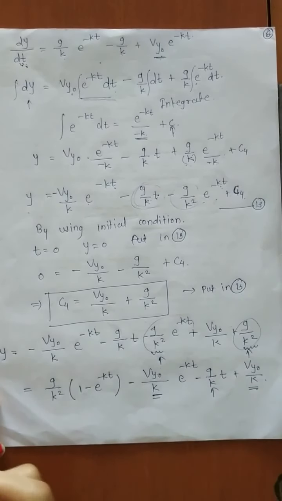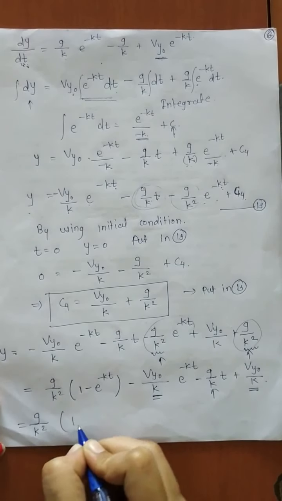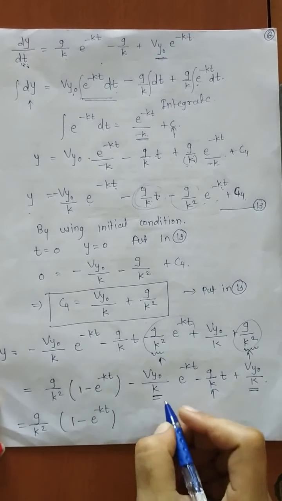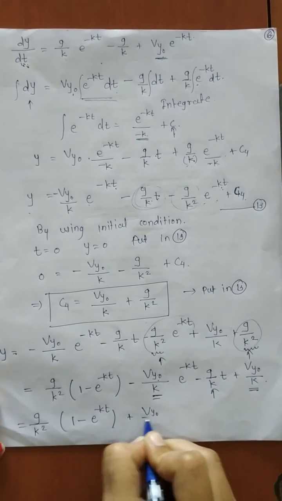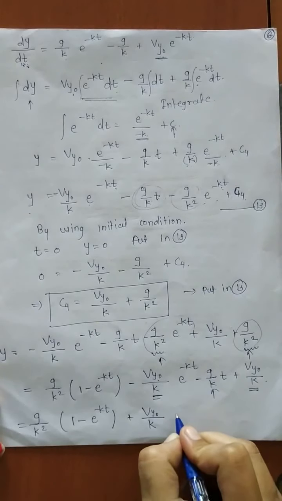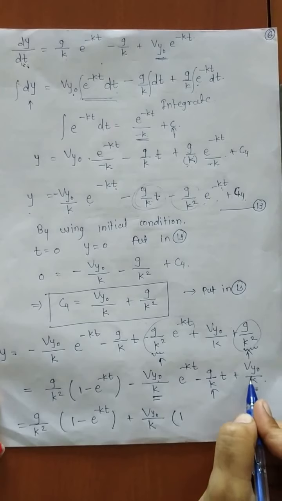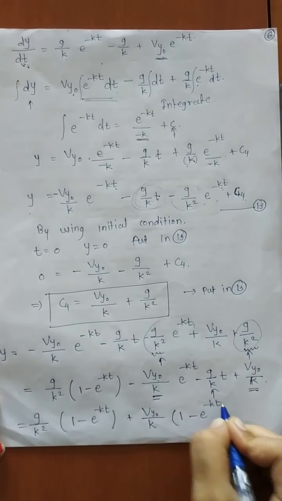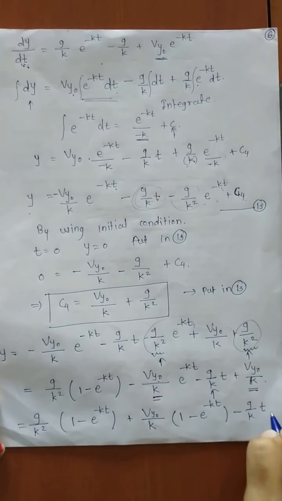This is the remaining term, so write this term as it is: g upon k square into 1 minus e raised to minus kt. Now I am going to take Vy naught upon k common. What we will get? Write plus first the positive term 1 minus e raised to minus kt, and this is the remaining term g upon k into t.